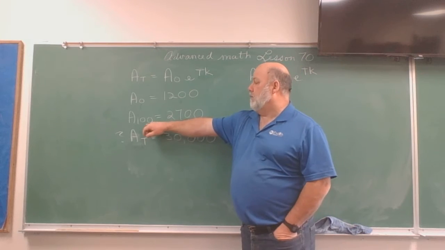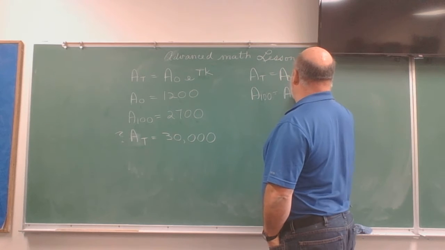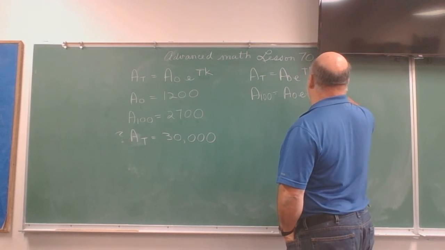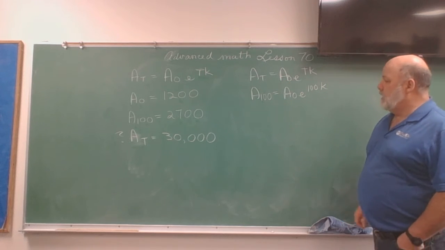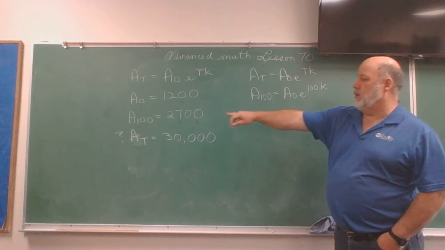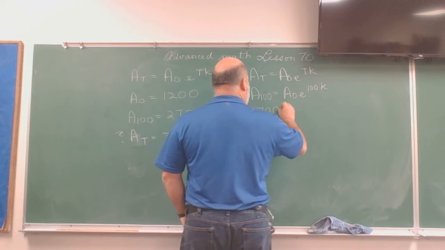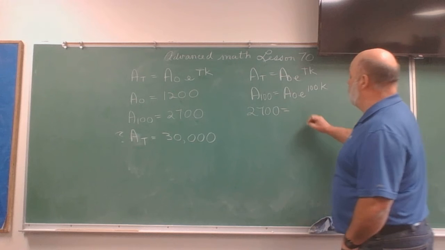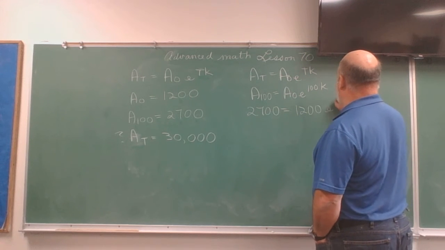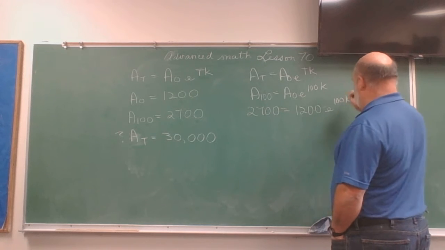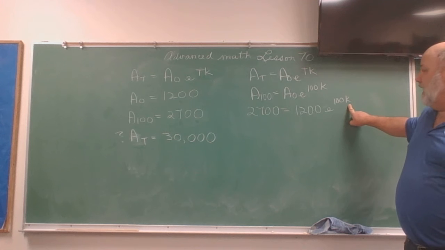Instead of t, I'm going to put the number 100, and then A sub 0 e to the 100k. Now I'm going to put in what A sub 100 is. That's 2,700. A sub 0 is 1,200. And I still have e to the 100k. And I want to find this letter k.